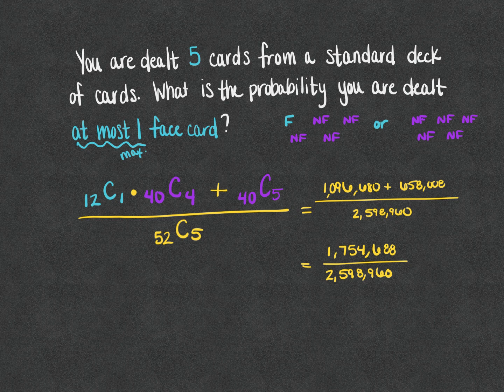That is the probability we would be dealt at most one face card. Again, no need to reduce at all.